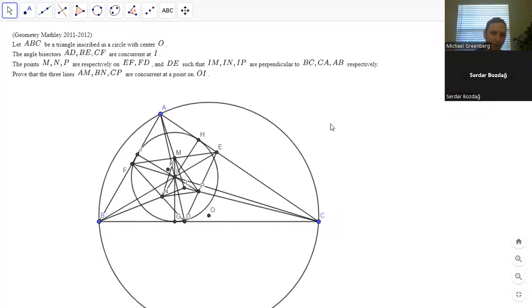So can we do anything with the homothety? I wonder, the homothety that takes the incircle to the circumcircle, does it take M and P to some special triangle? I'm not sure.